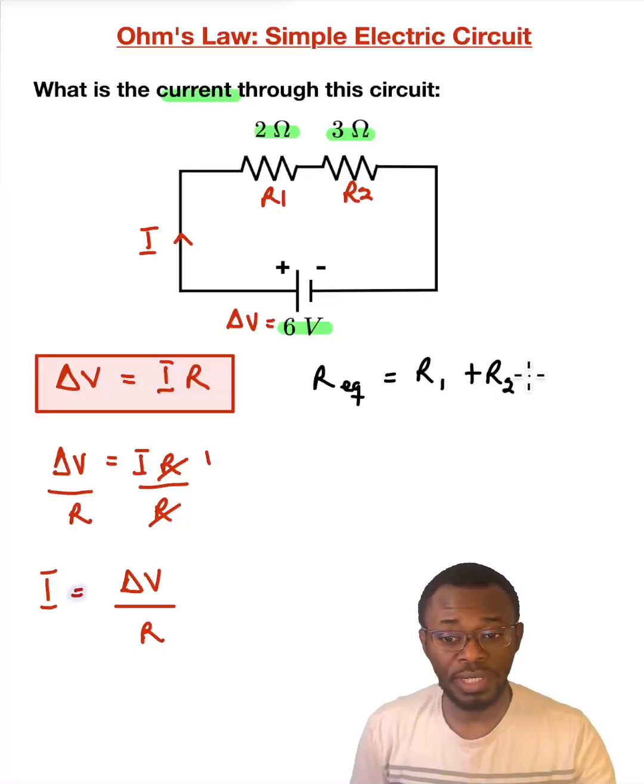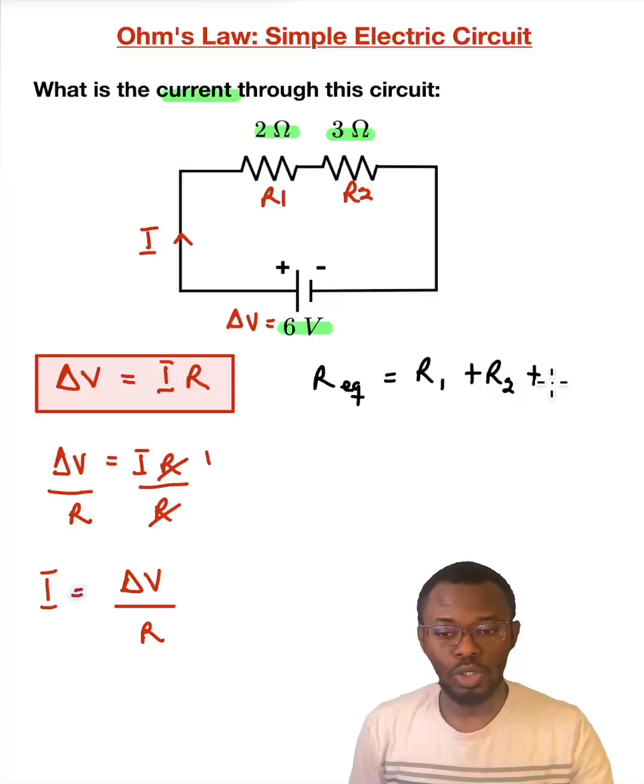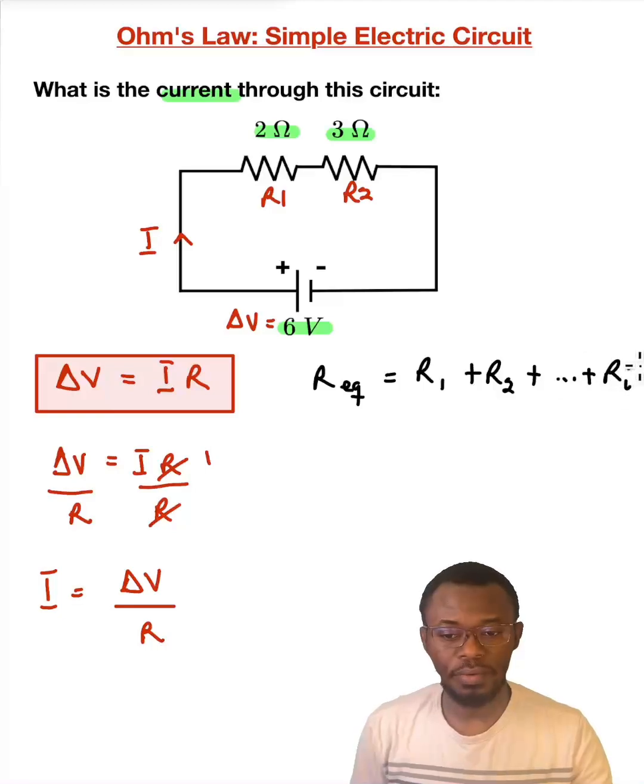If we have more resistors that are in series, then it's going to be plus all the way to the nth resistor. Since here we have n equals 2, we are going to have the total resistance R equivalent to be R1 plus R2.